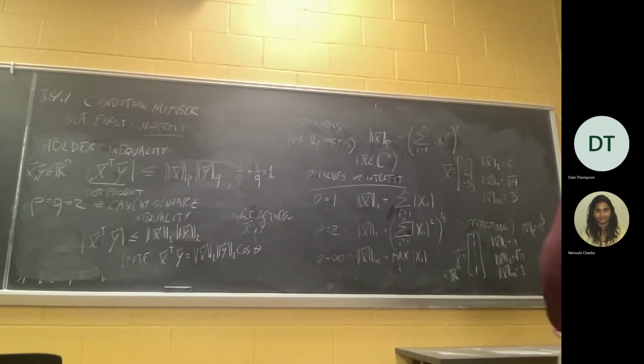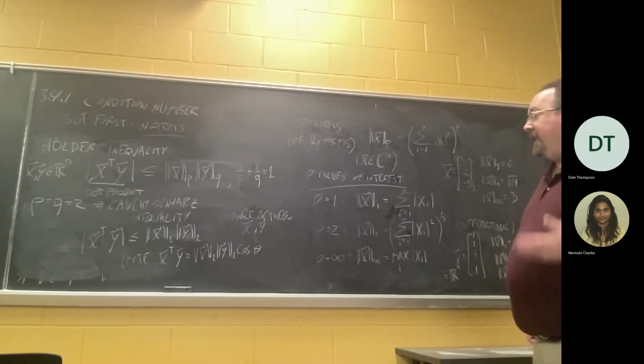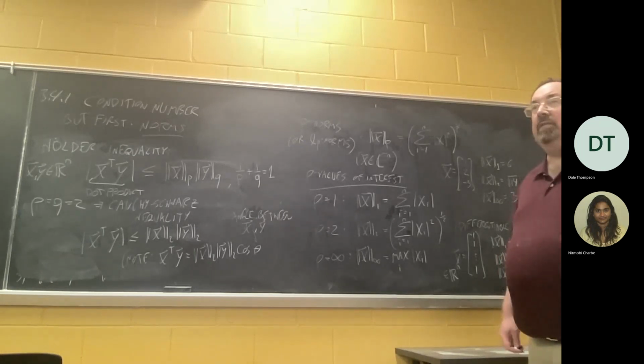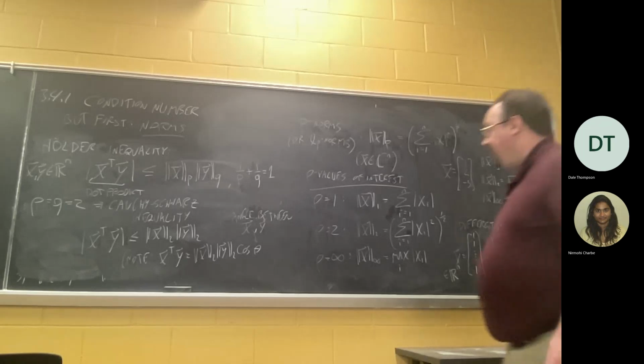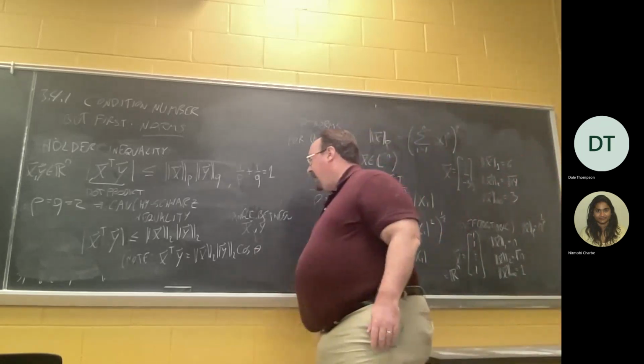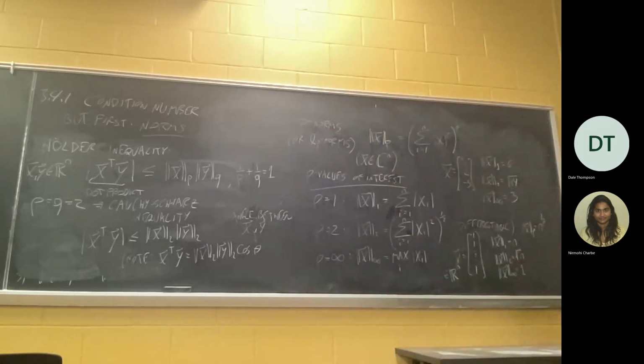So the dot product is maximized when X and Y are parallel or pointing in the same direction, in which case cosine theta would be 1. So that's where you get equality.